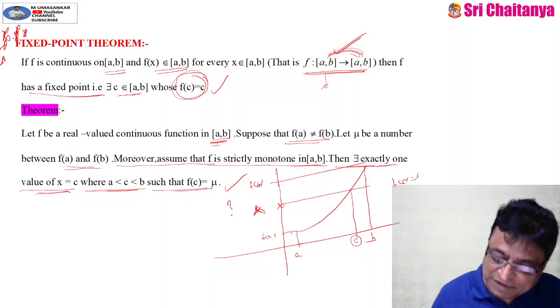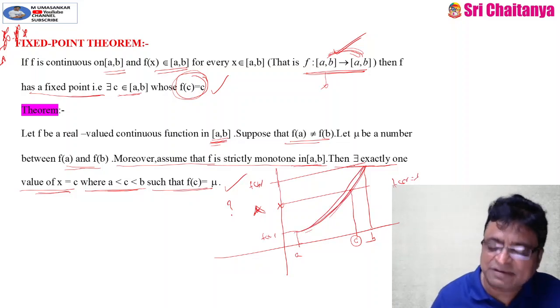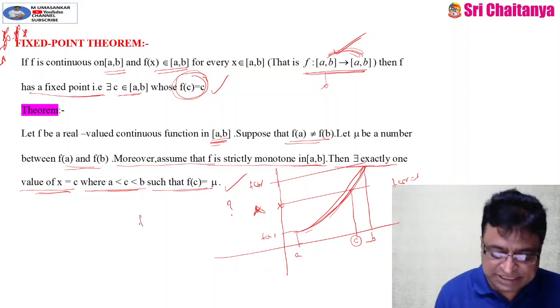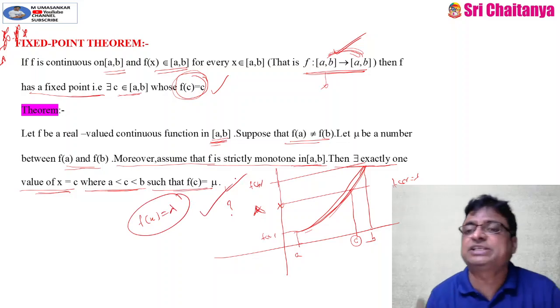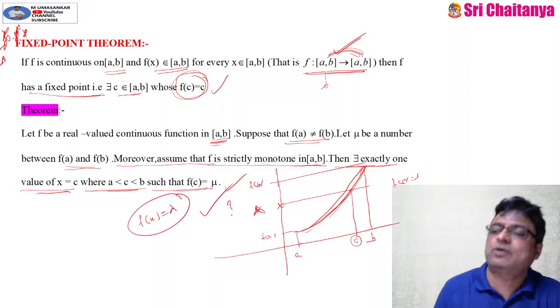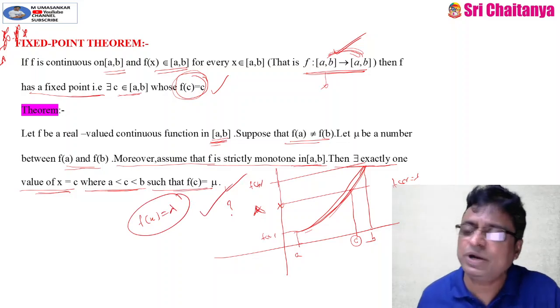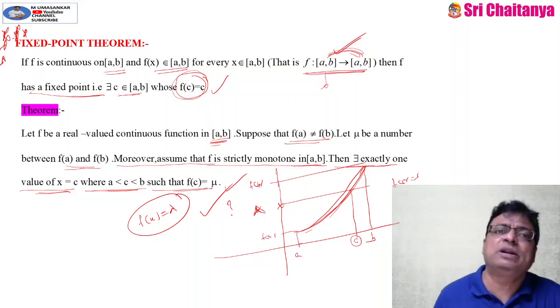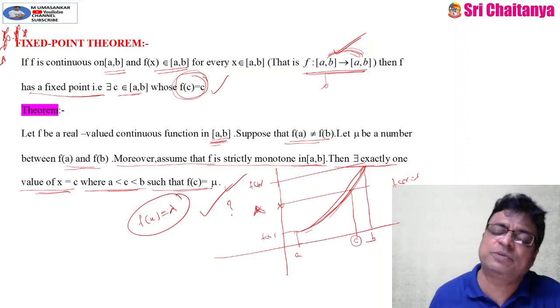That means for this equation f of x equal to lambda, the equation has exactly only one root, provided the function is monotonic. This is another beautiful example, and this is an extension of the fixed point theorem.